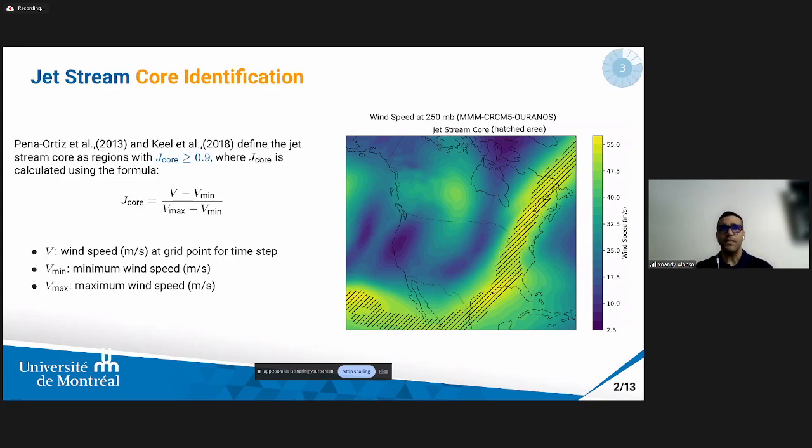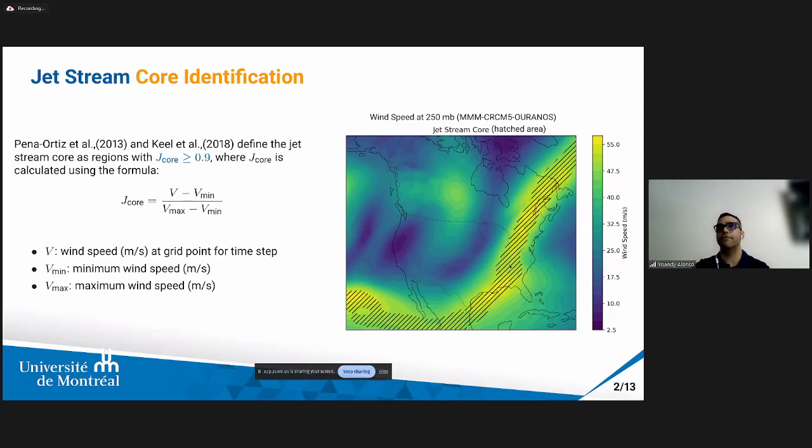So, to detect this phenomenon, we use a methodology that is based on the maximum wind speed and the minimum wind speed at a certain latitude, and we can detect the jet stream.